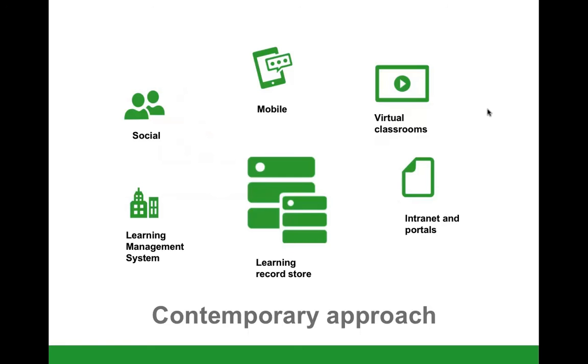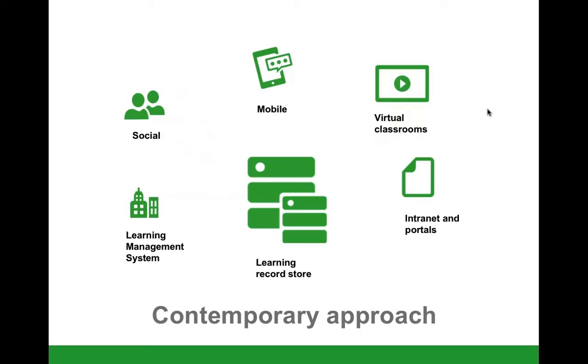So a more contemporary approach would be to put what's called a learning record store at the center. A learning record store works with a new way for resources to be able to talk to servers, called xAPI.